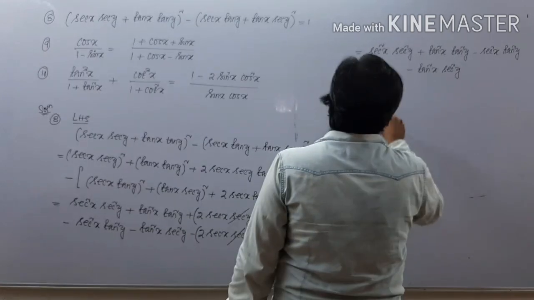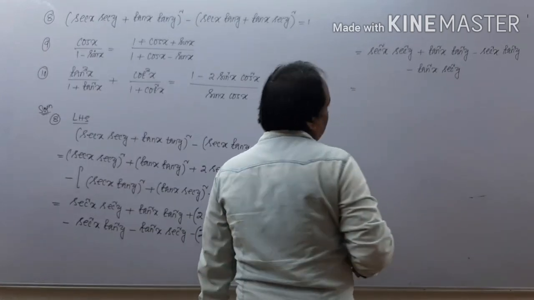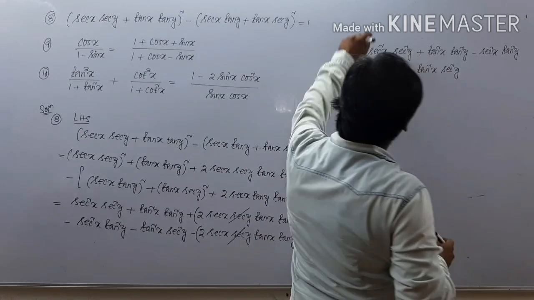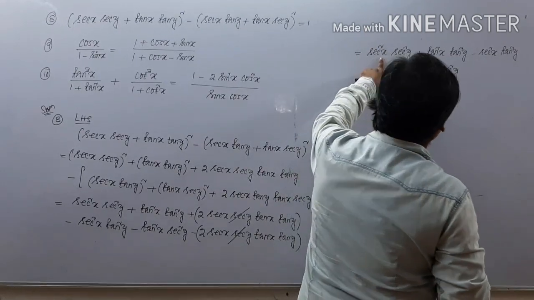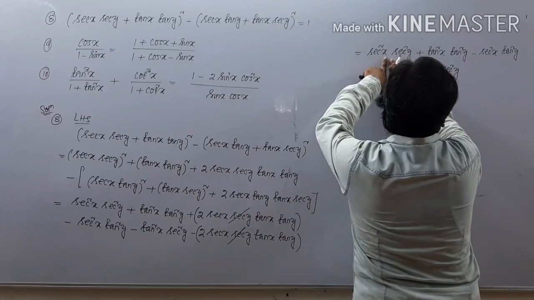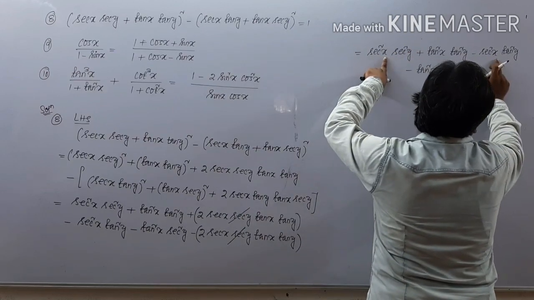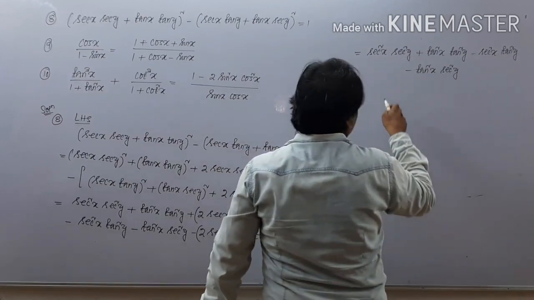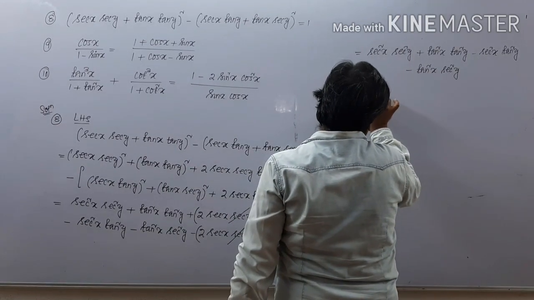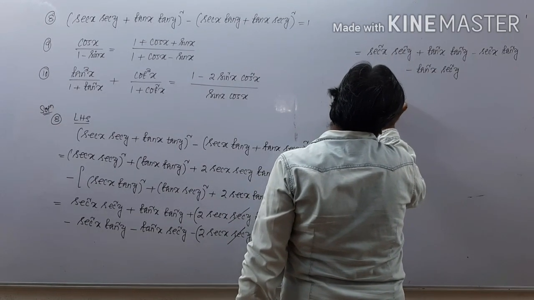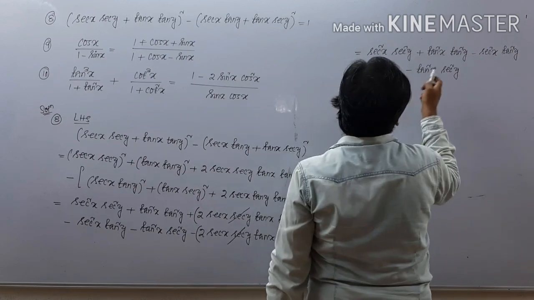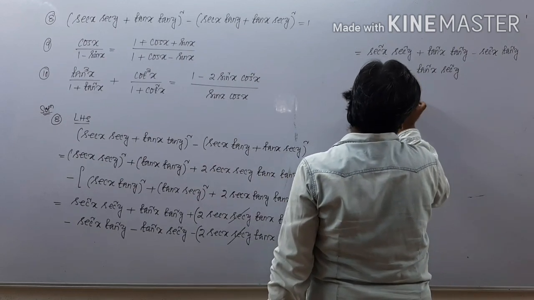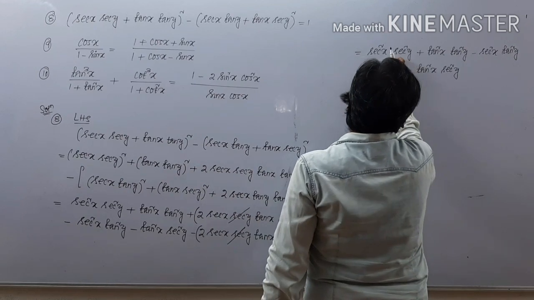So see that this is the first term. Here we have sec square x sec square y, right? So from first term and from third term I will take sec square x common, right? So sec square x, if I take sec square x common, then clearly in this particular term what is remaining?